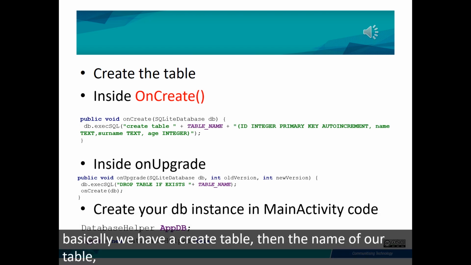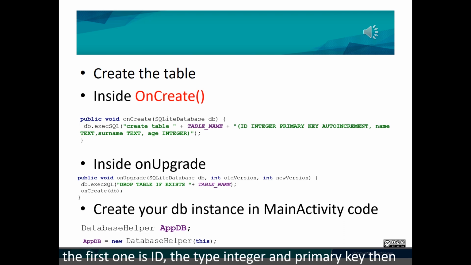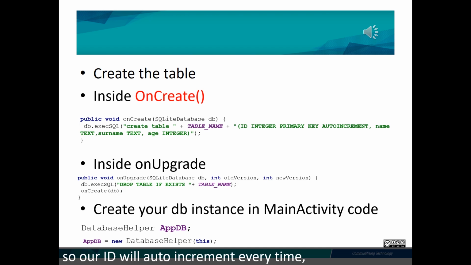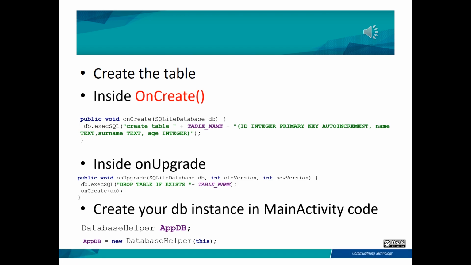Basically, we have a create a table, then the name of our table. Inside the bracket, we are declaring a column of the table. For the first one is ID, the data type is integer, and primary key, then autoincrement. So our ID will auto increment every time.